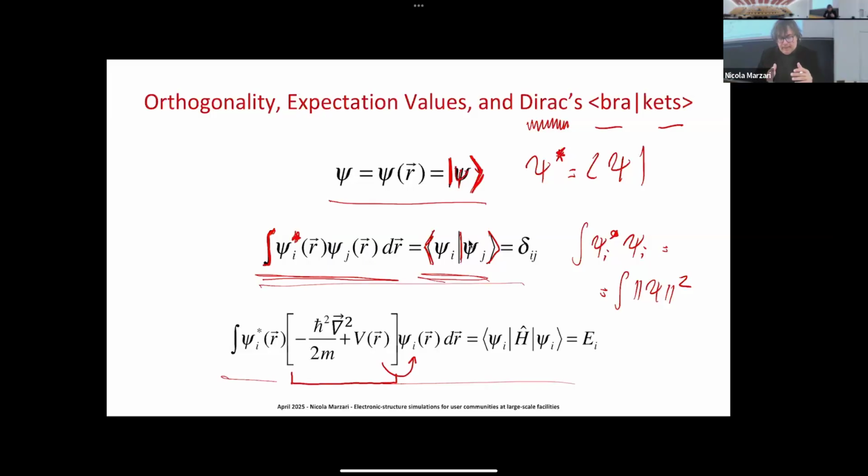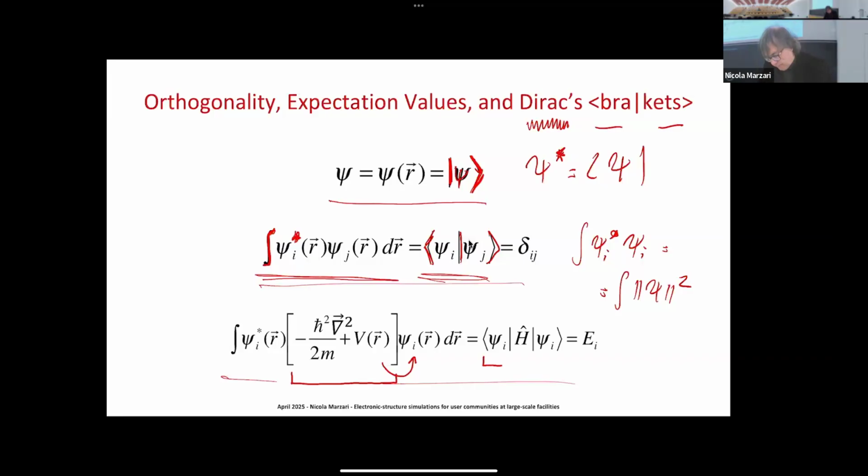And so if I take the operator, apply it to psi, and then integrate psi star times this object, what I get is the integral of psi star times E times psi. E is a constant, so I get E times the integral of psi star psi. And if my object is normalized, that integral is equal to 1.